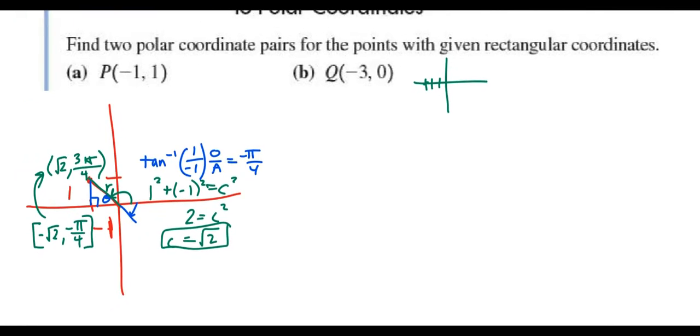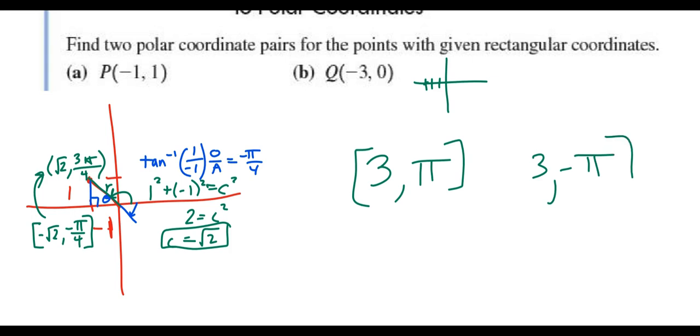3 units to the left, find 2 polar coordinate pairs. Well, we're just going to find 1 polar coordinate pair. Oh, well, okay, that's dumb. So 3 pi would work. 3 negative pi would work.